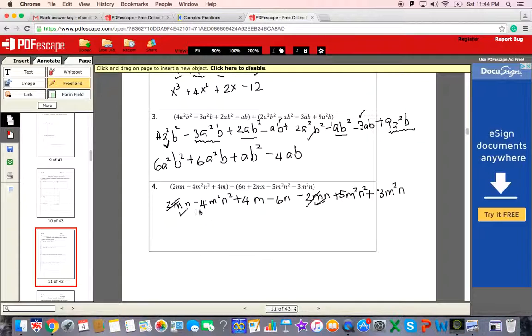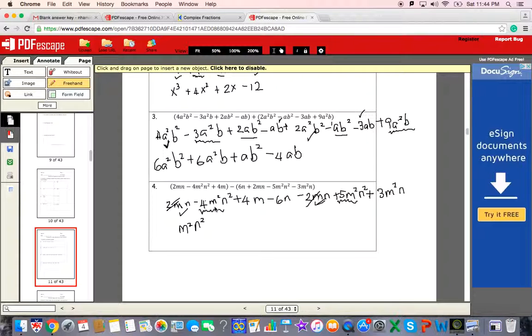All right, so I'm going to use a squiggly under the m squared n squared. So minus 4m squared n squared. I'm looking for another m squared n squared. And I found one right here, and that's the only other one. So minus 4m squared n squared plus 5m squared n squared gives you 1m squared n squared. So we can just write m squared n squared.